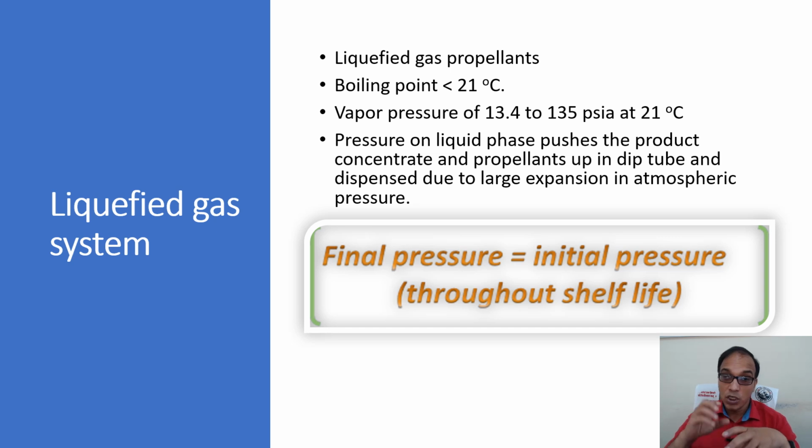Pressure on the liquid phase pushes the product concentrate and propellant up the dip tube and they disperse due to the large expansion in atmospheric pressure. And the utmost important thing is that the final pressure is equal to the initial pressure throughout the shelf life, as we have discussed in the liquefied gas propellant section. So this is the point to be addressed.